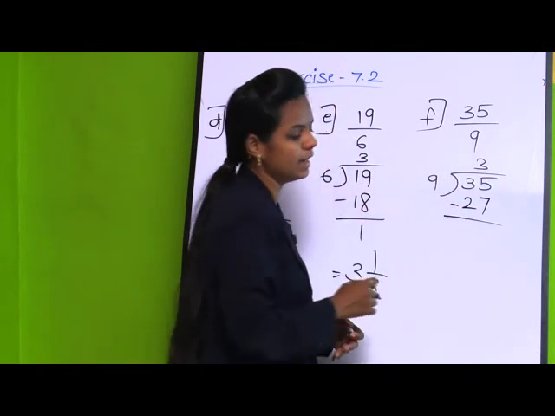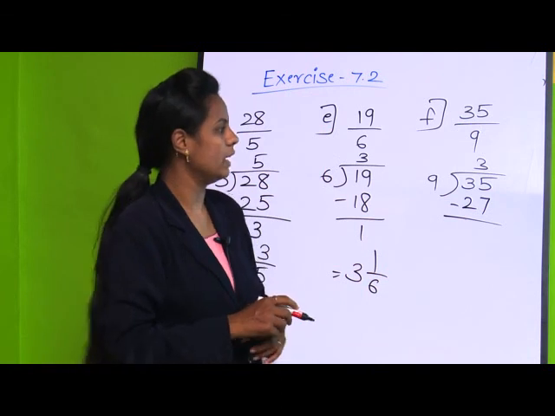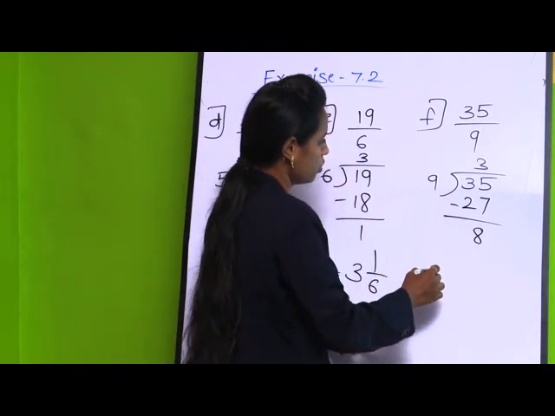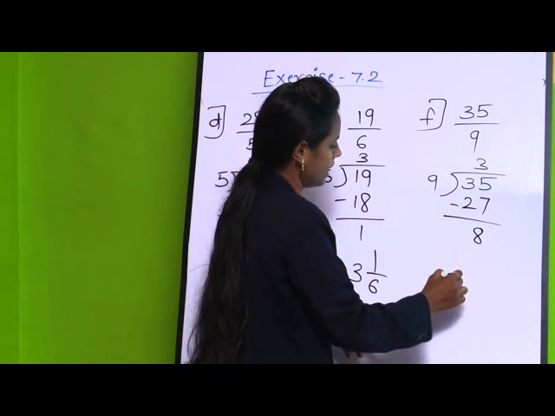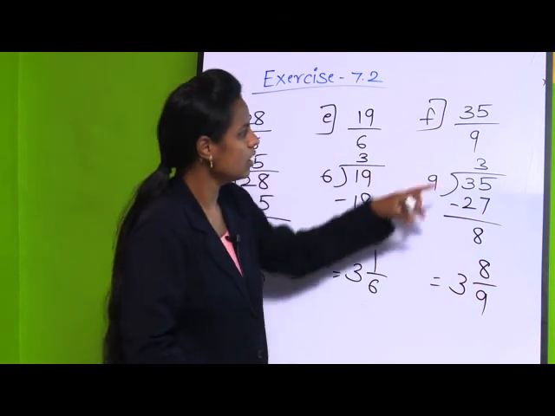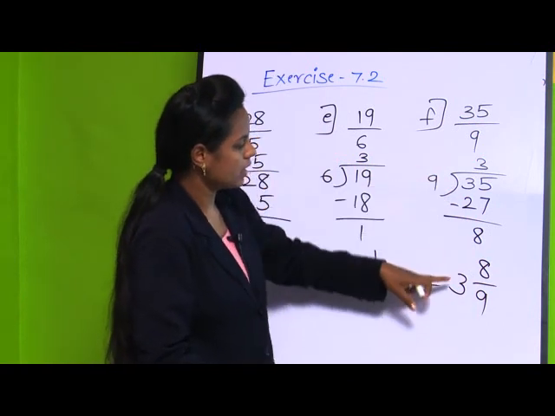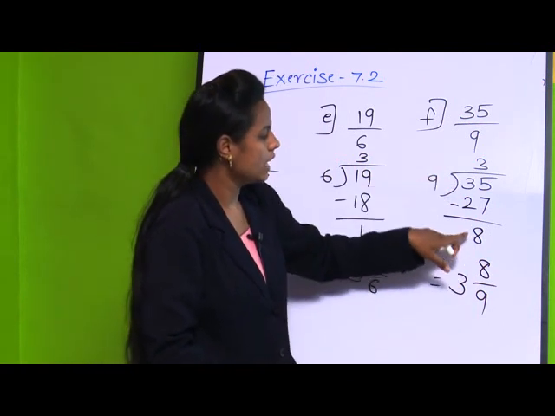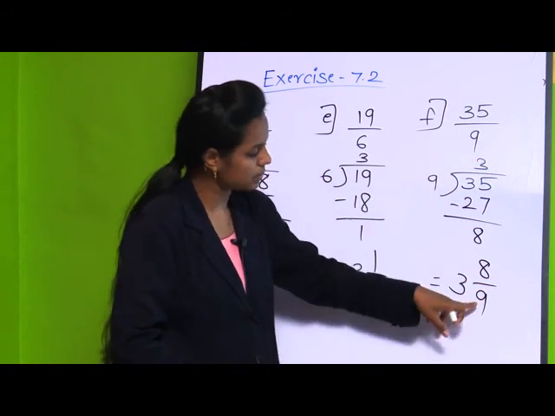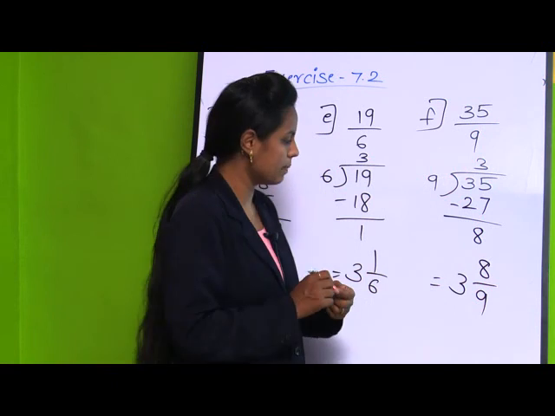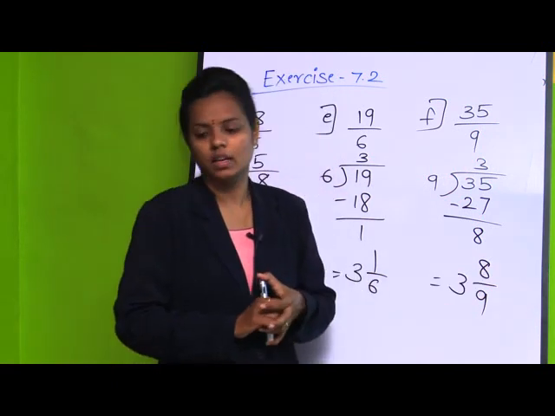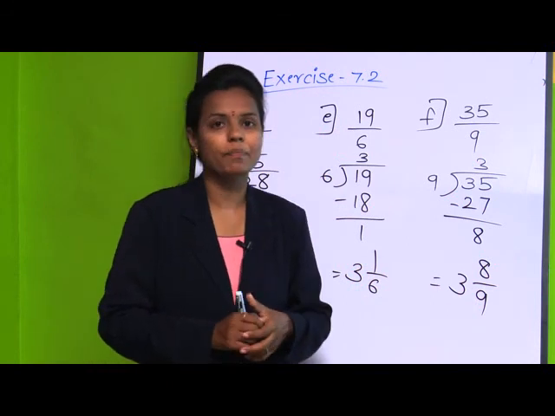We need to divide it. 9 3s are 27, and 35 minus 27 is 8. So, the fraction can be written as 3 8 by 9. 3 is the whole number, 8 remainder comes in numerator, 9 is divisor, comes in denominator. So, this is the mixed fraction where we write it as 3 8 by 9. Okay.